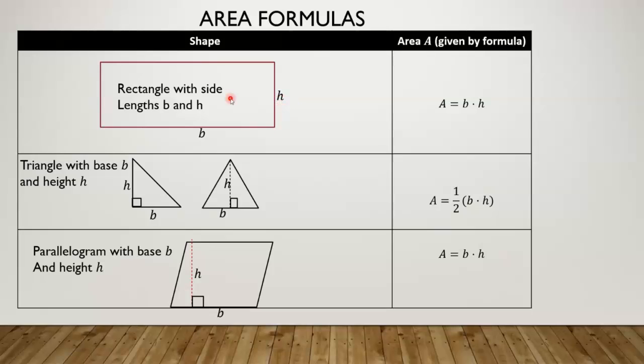The area of this would be b times h, or base times height, or length. That's for a rectangle. And for a square, it's actually the same idea. Triangles, you have base times height, right? The area is 1/2 base times height.